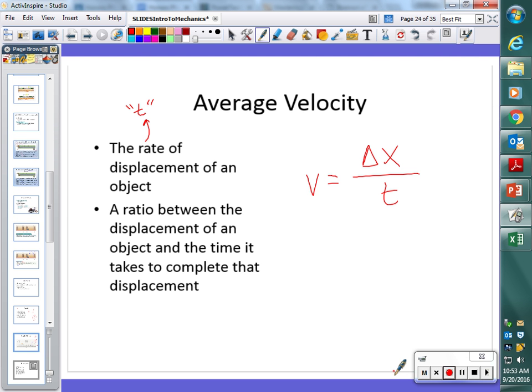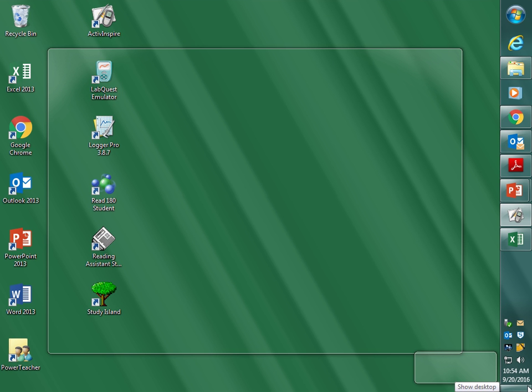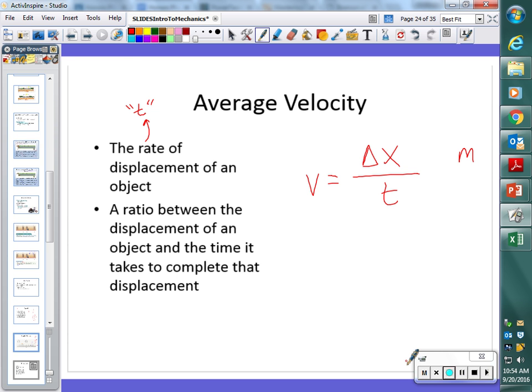Good there? So, units, right? What are we measuring displacement in? We still measure displacement in meters. What do we measure time in? Seconds. All right. So our unit for velocity is also meters per second.